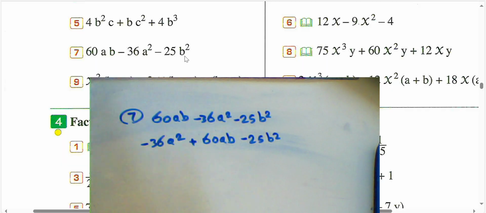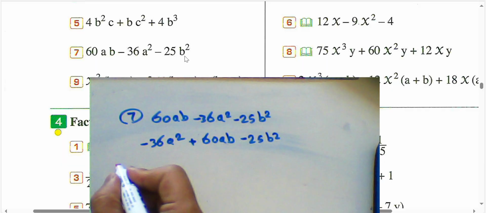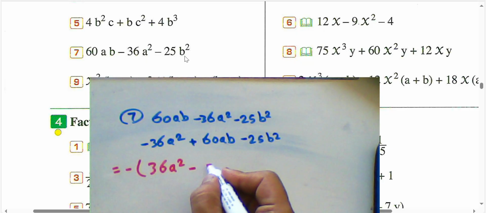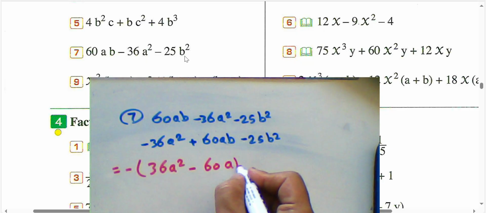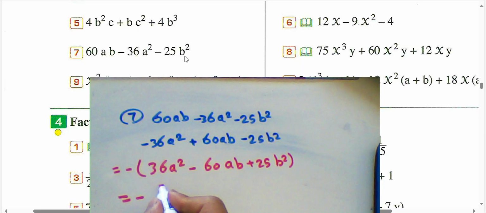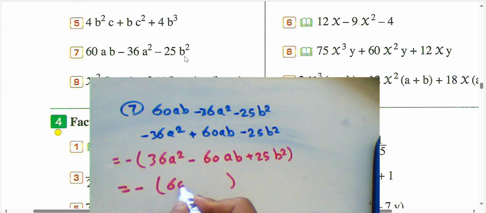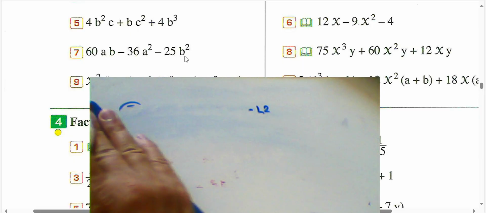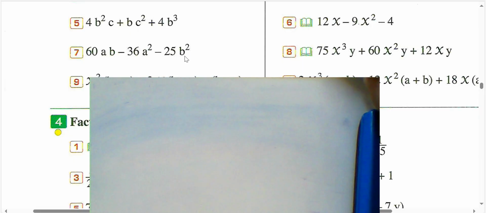In this expression we must write the highest common factor between 3 terms. It will be negative. Write negative outside, 36a power 2 subtract by 60ap plus 25p power 2. Write negative outside, and the square root of the first will be 6a and the third 5p and power 2, write the sign here negative. Next question.